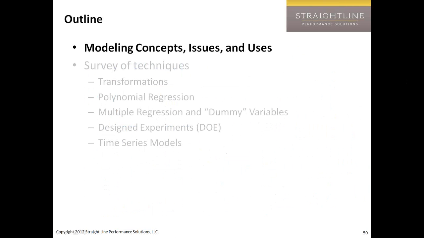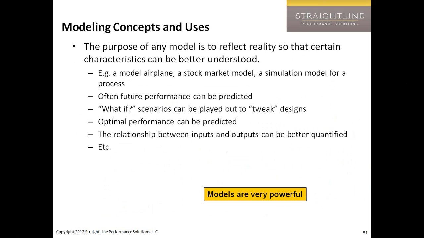Let's start out with talking about the modeling concepts, issues, and uses. The main reason why you use a model is to reflect reality so you can make certain predictions or measurements. For example, a model airplane is something that you can use to test how wind will bank off of different parts, like if you want to add an appendage to a wing or an antenna, you can build a model airplane.